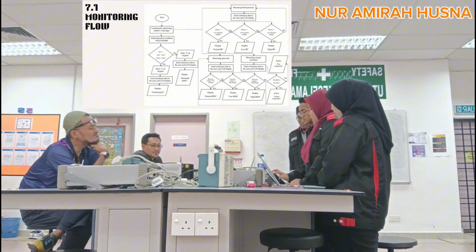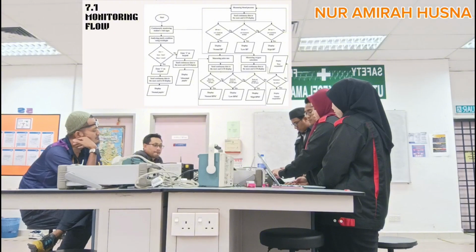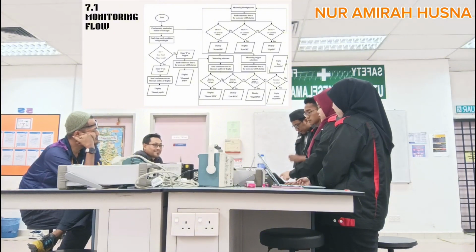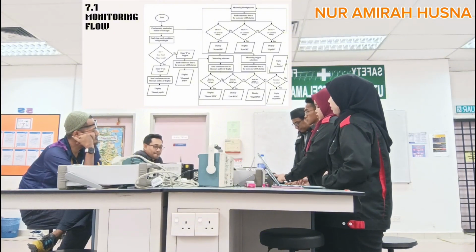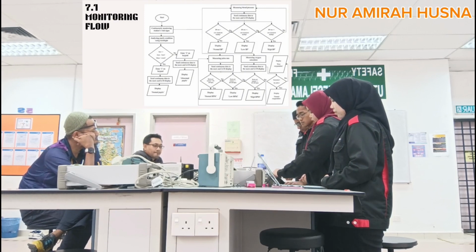If the range is normal, it will display normal blood pressure. But if it is less than the normal range, it will display low blood pressure. And the last condition is if it is higher than the normal range, it will display high blood pressure.